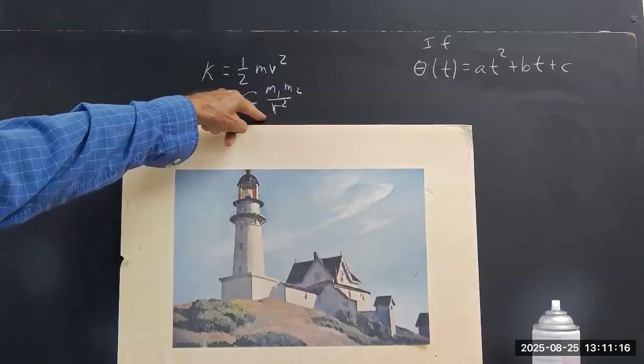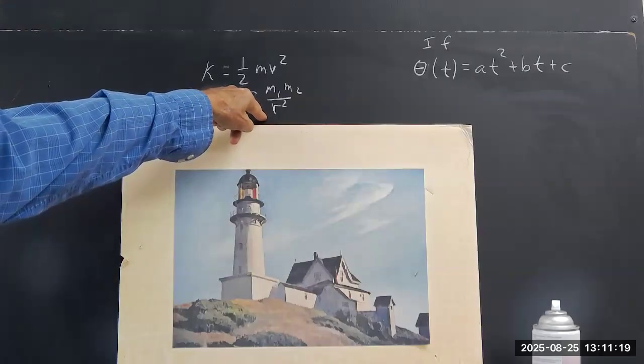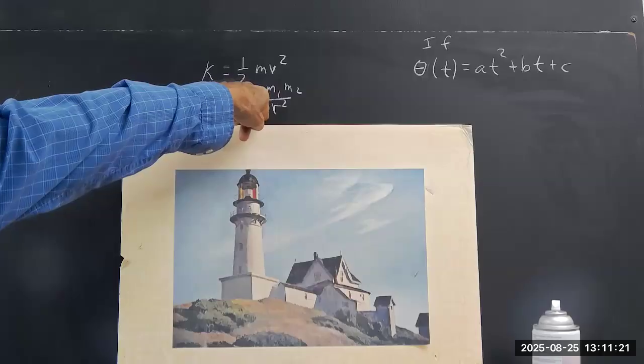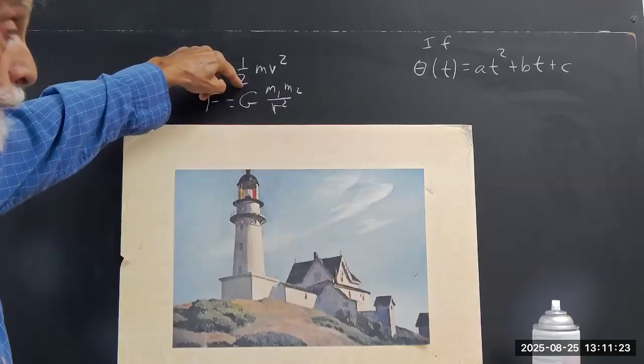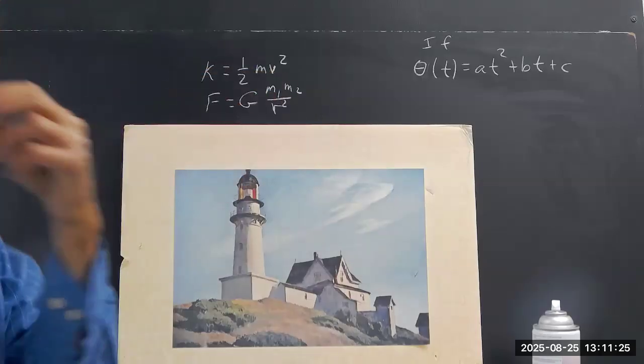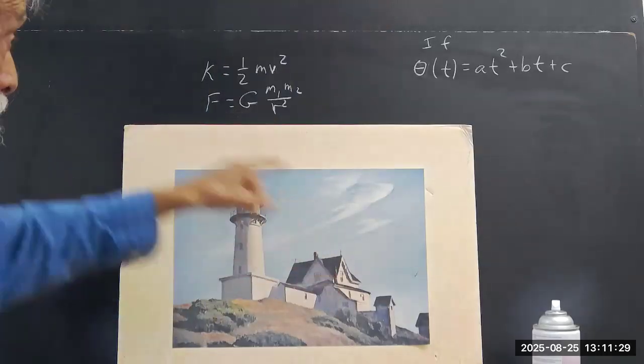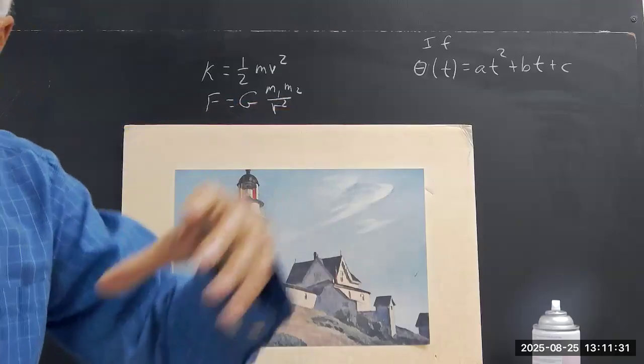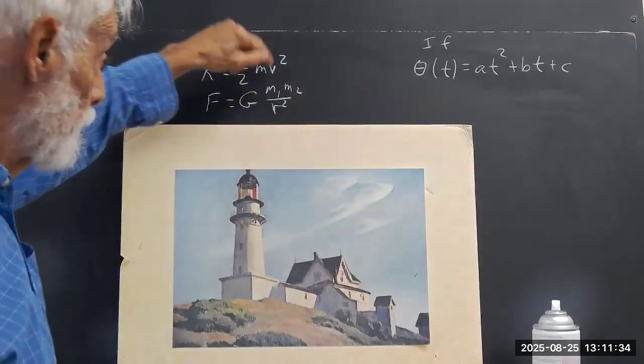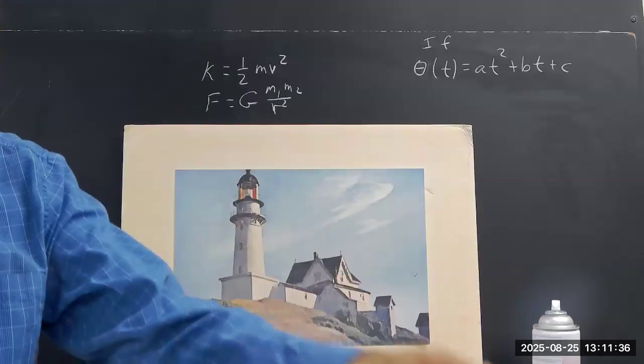And this has units of meters squared, so you better have a meter squared in the units of G. So I say the units are newtons times meters squared, which will divide the meter squared here, divided by kilogram squared, which will divide the kilogram squared here, leaving you newtons.